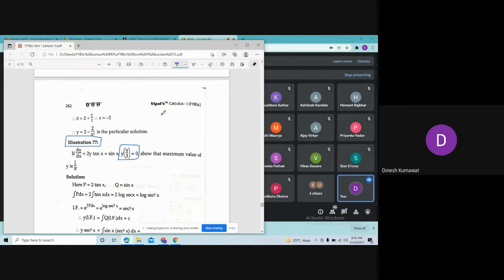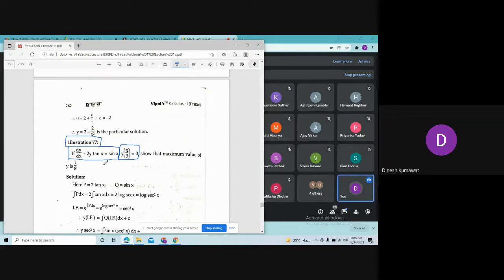Okay, so we are using the same thing over here. You can see this is a linear differential equation, and you know how to solve such kinds of linear differential equations, is it? So tell me, is it linear in x or linear in y? Linear in y.